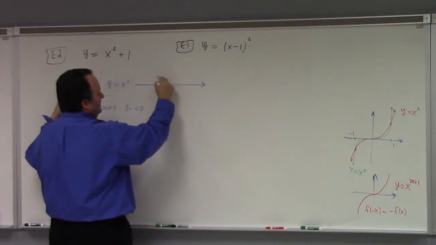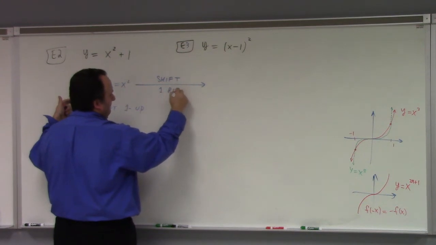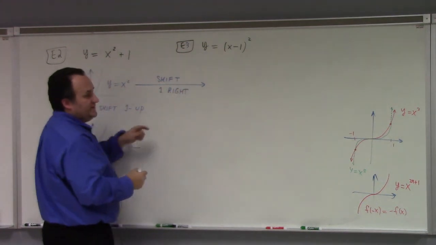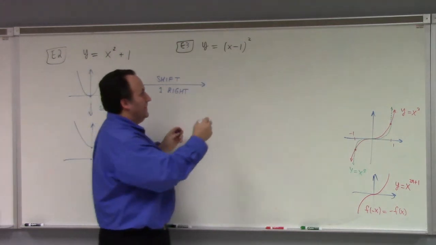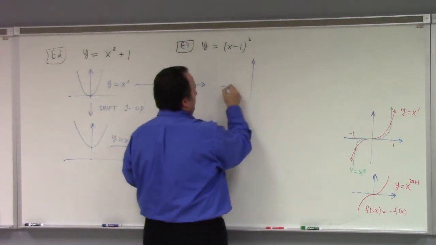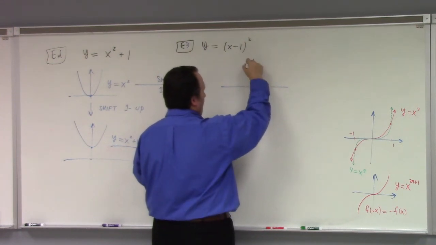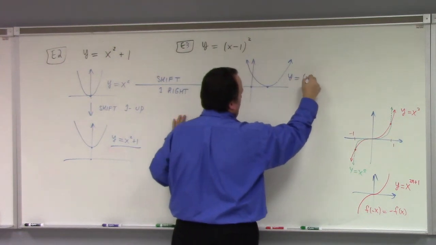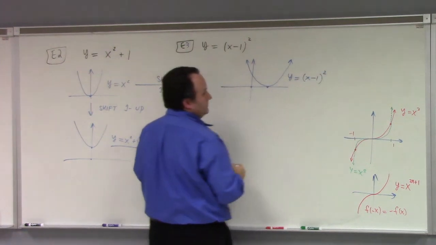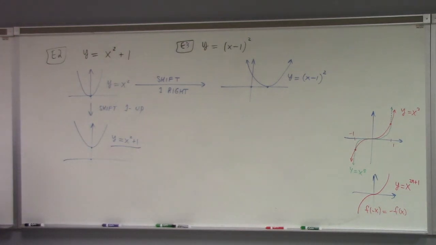We shift 1 right. So if you replace the x with x minus 1, that moves 1 to the right. So we take this point and we move it over to here. Right. So replacing x with x minus 1 shifts 1 to the right.